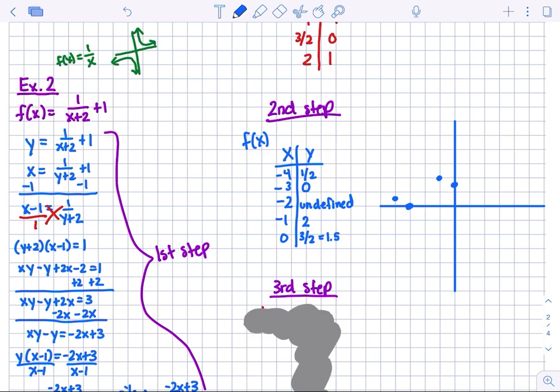Now remember, there's a horizontal asymptote and a vertical asymptote based off of this. So when I take a look at this, this is a line in between them, so this looks to be a good vertical asymptote, and this is the line in between the points for the horizontal asymptote.